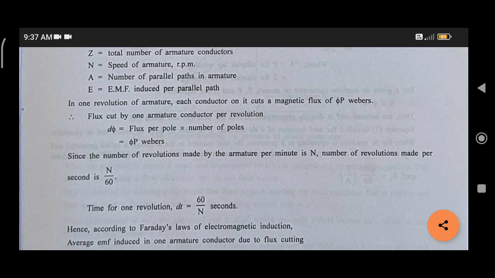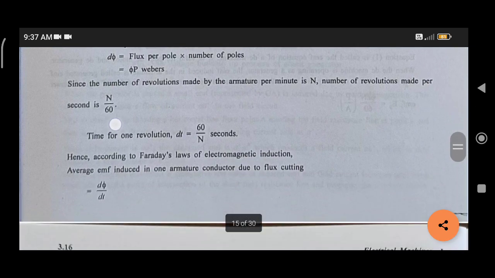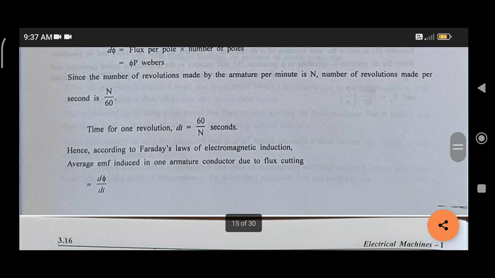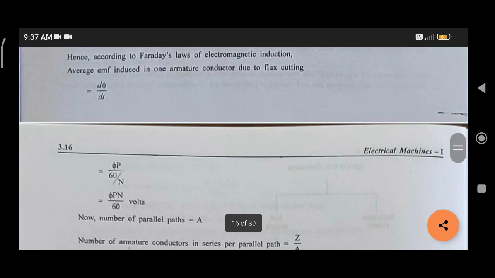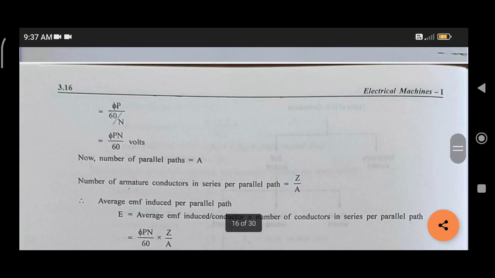Now according to Faraday's law, we have d phi by dt. You will now understand why we calculated d phi and dt separately. Putting d phi and dt in Faraday's law of electromagnetic induction, we get the final formula: phi P N by 60 volts. This is for one conductor.